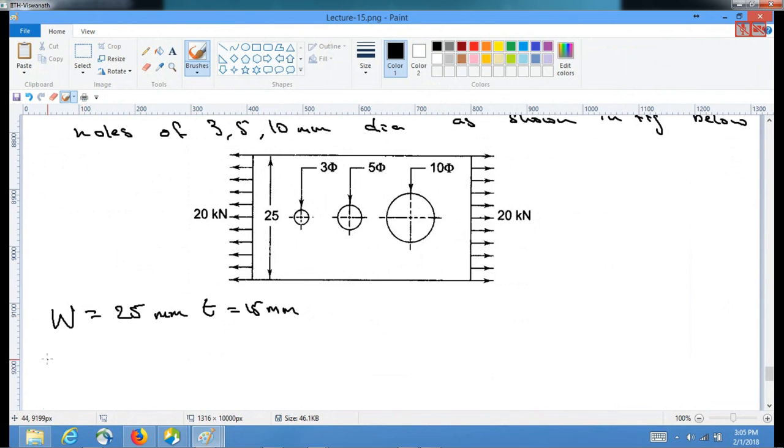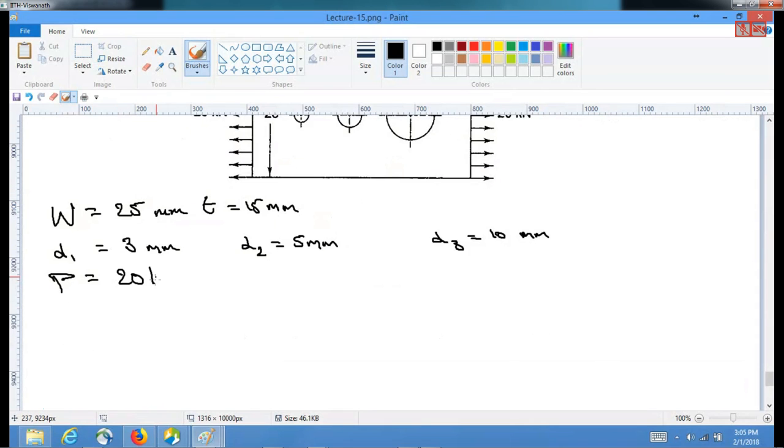In the first case our diameter D1 is 3, in the second case our diameter is 5, and in the third case our diameter was 10 mm, and our load P was given as 20 kilonewtons.